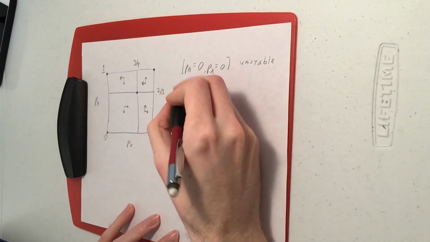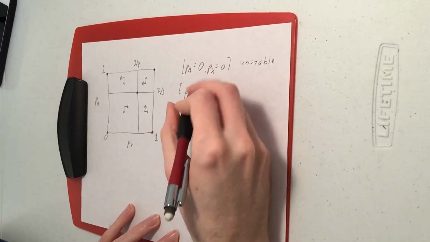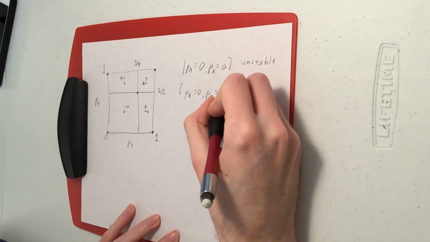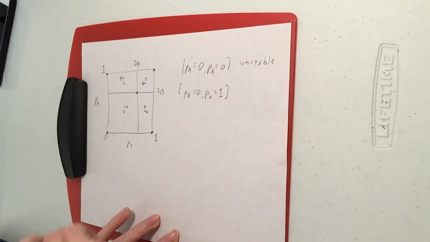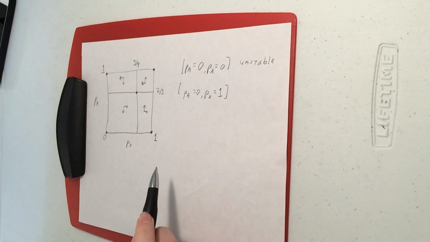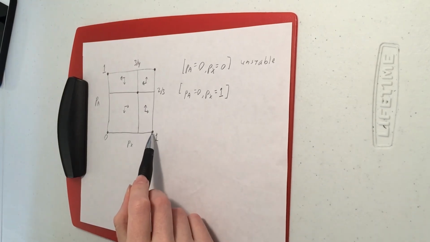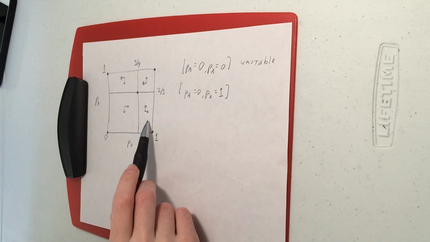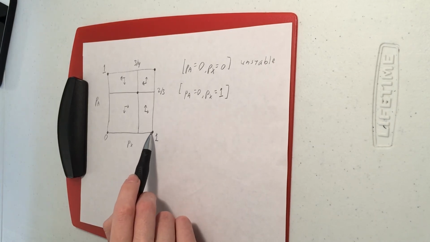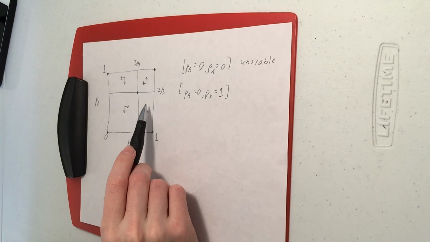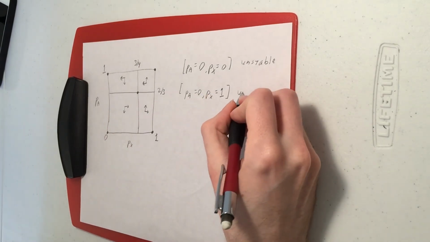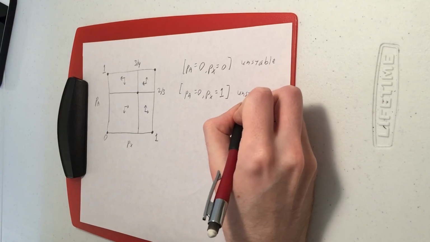Well, this one here, what if we have PA still being 0, but now PX is 1? Same procedure, follow the arrows. So the arrows here are going to push us up and to the right. So they push us up, though, it's going to take us further and further away. So that's also unstable.